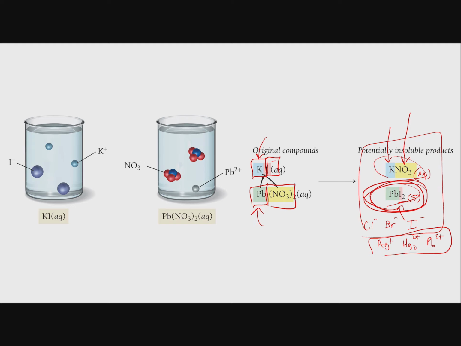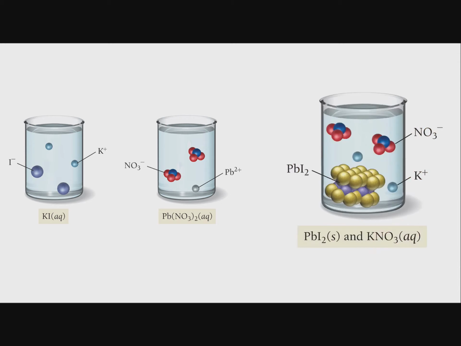So that's how we know that lead iodide is insoluble. Solid. Precipitation. We know that from the table. And then we would reflect that in the phase. So PbI2 would be a solid. Now, anytime that one of these products is a solid, we have a precipitation reaction. If this had been aqueous also, then this would be a no reaction.